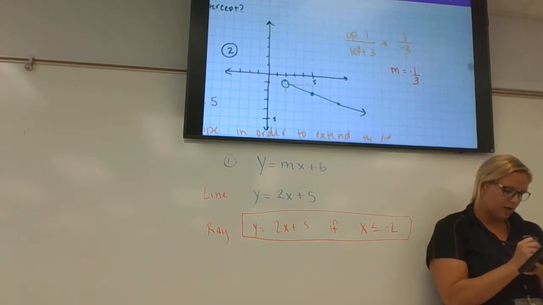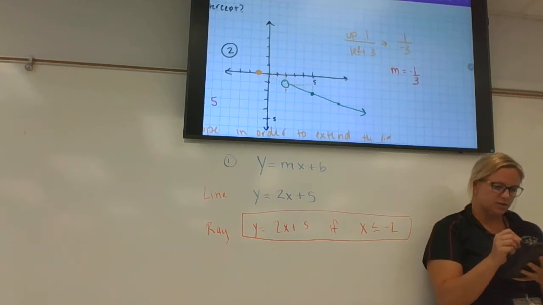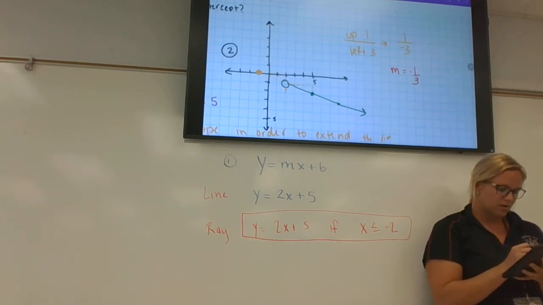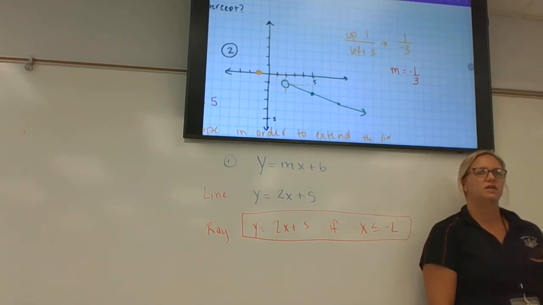So when I go up 1 and over 3, 1, 2, 3, this is my next point. I extend my line. That's not how you extend it. Up 1, 1, 2, 3. That is right on the axis there.